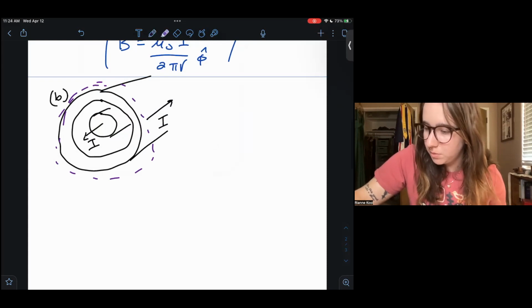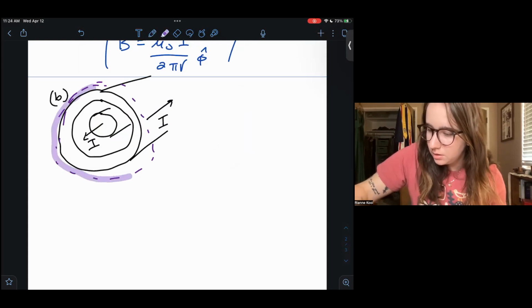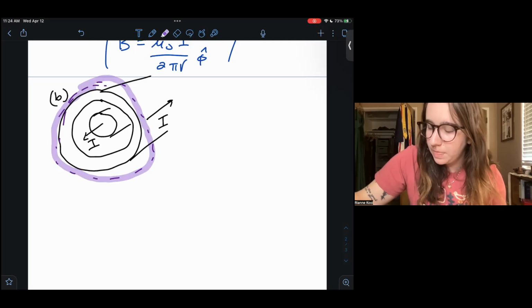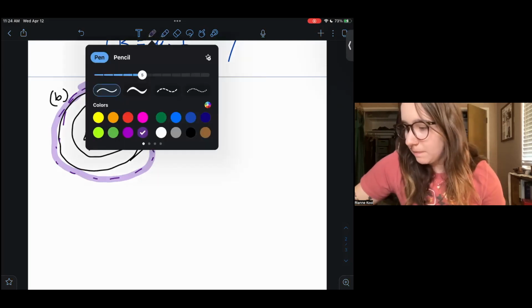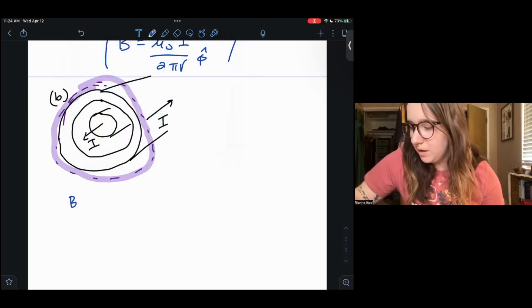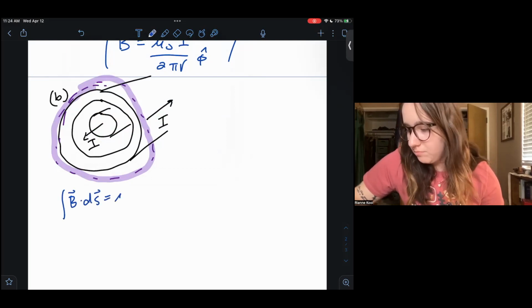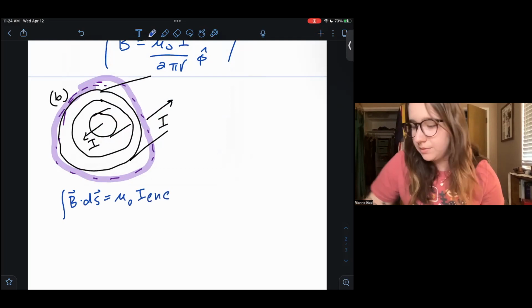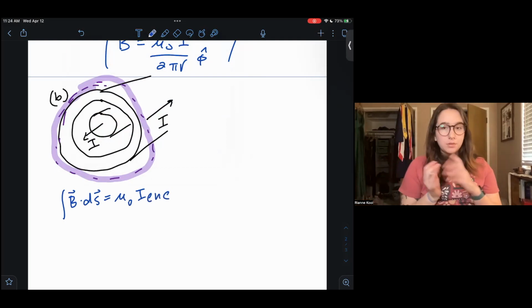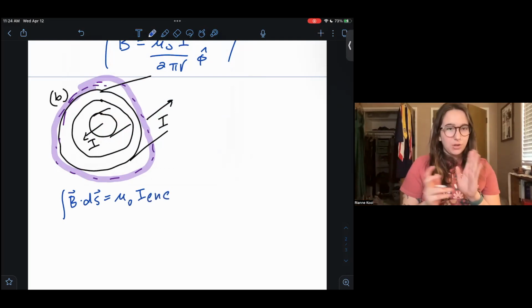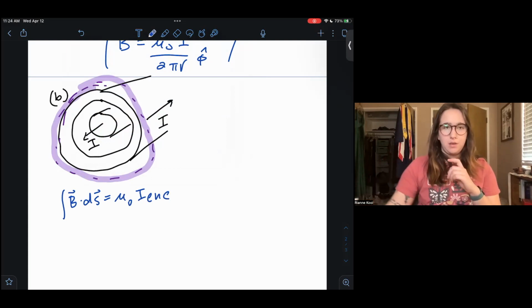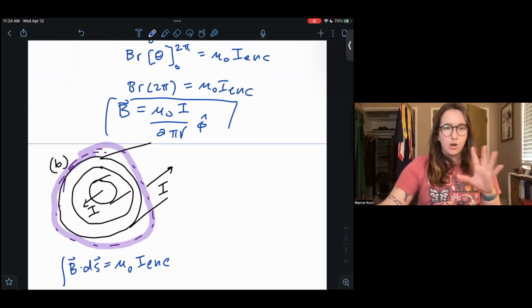I'll even make it purple so that you can see. Right there. We're going to do the same thing: B dot ds equals mu naught I enclosed. You can already see that the left side is still going to simplify to B r 2 pi, like I defined above.